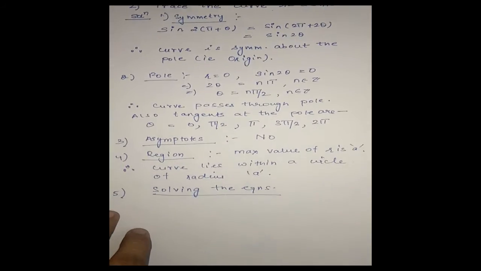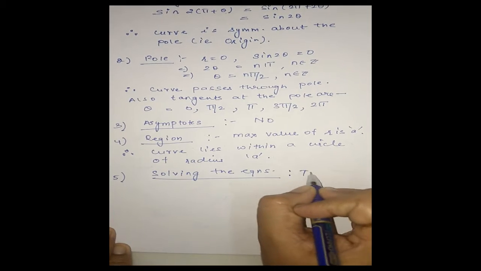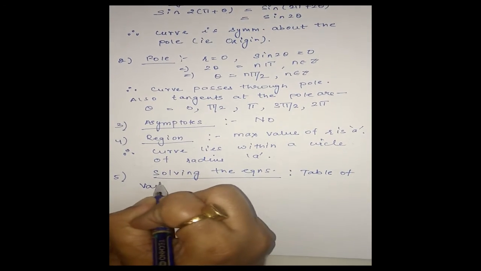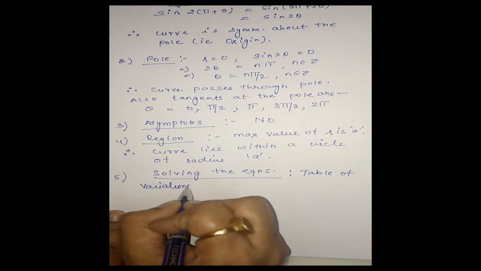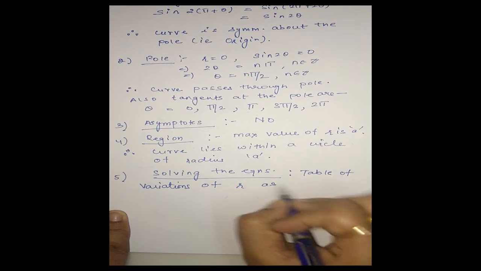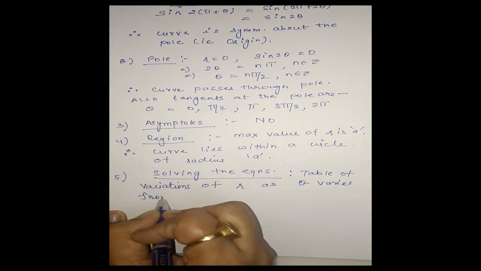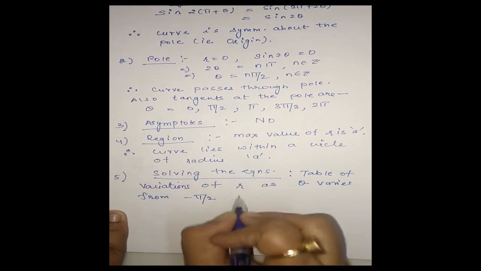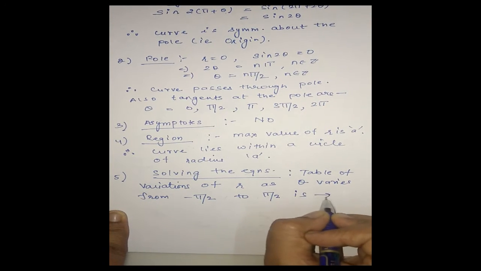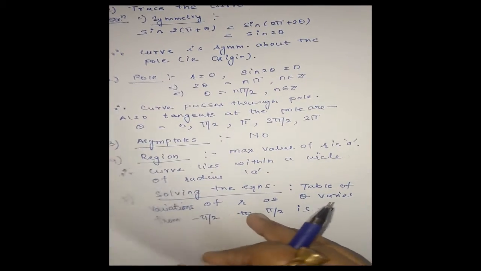Now, the table of variations of r as theta varies from minus pi by 2 to pi by 2, that is, minus 90 degrees to 90 degrees.